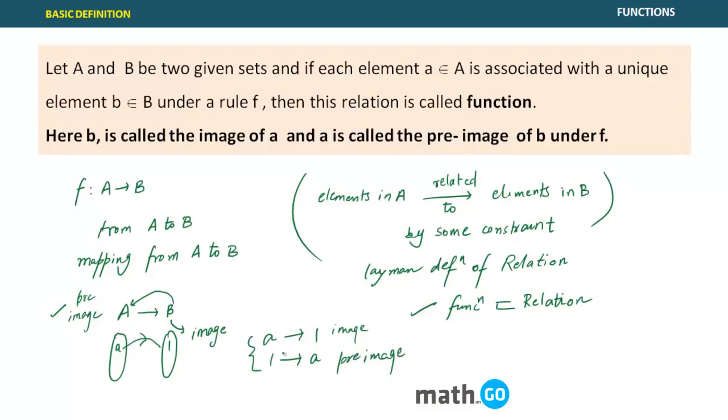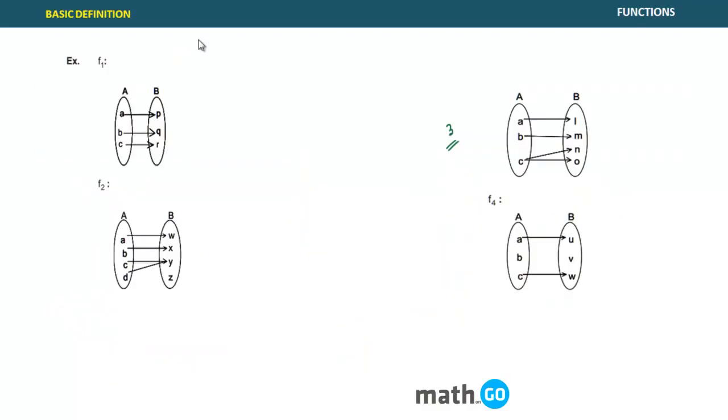Now let us see when this particular condition makes a relation a function. Let us try and understand. For a relation to become a function, there have to be 2 unique conditions. Let me just write it down. For a function which goes from A to B, when does this become a function?